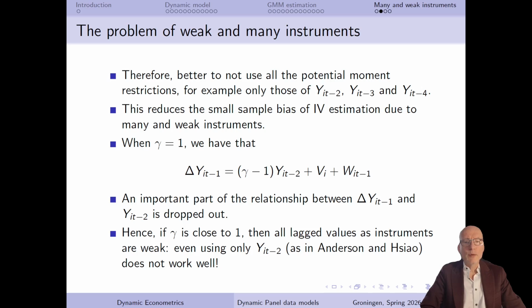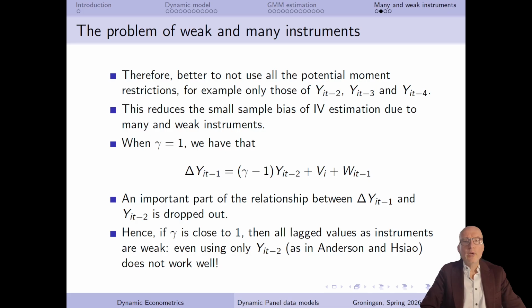So for example, it is better not to use all the lags, but only use y_{i,t-2}, y_{i,t-c}, and eventually also y_{i,t-4}, and not to use any higher order lags. The reason is that this reduces a small sample bias of IV estimation due to many and weak instruments.